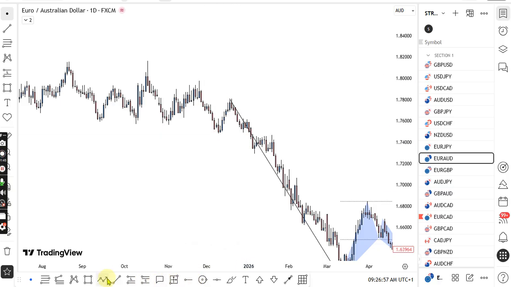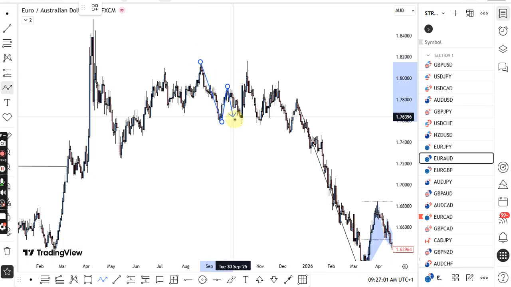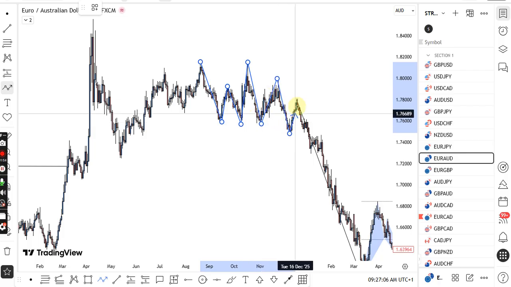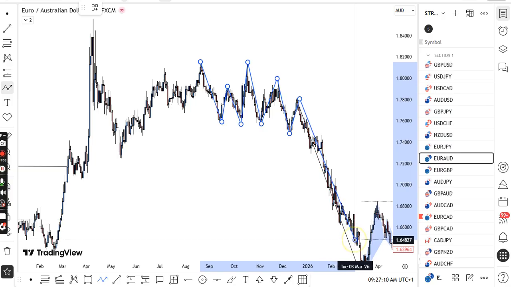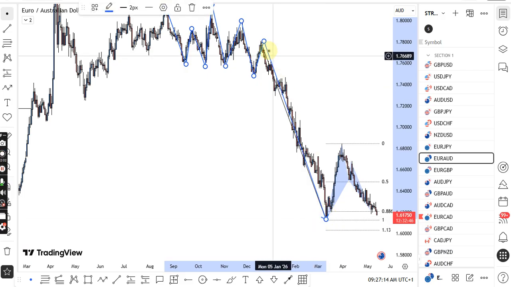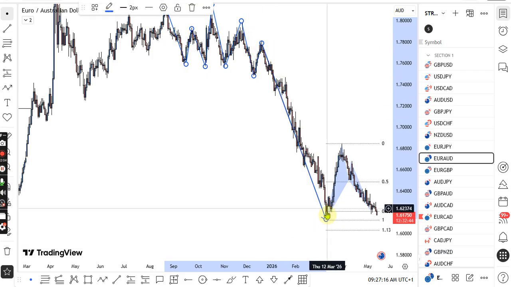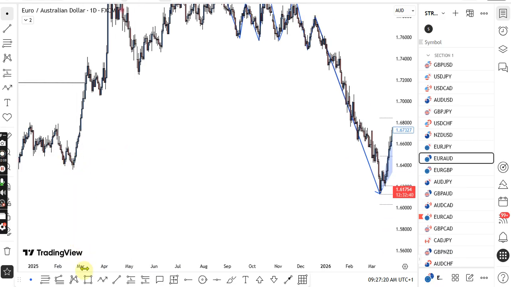Let me just draw it out for you guys to see. We'll have this structure: range high, low, high, low, high. It kind of throttled and just failed aggressively to this key level here.